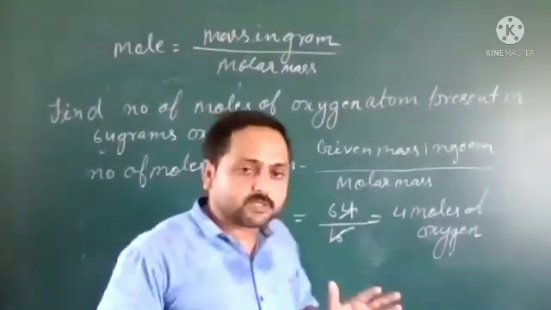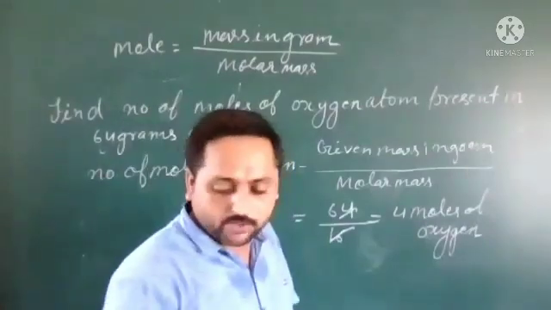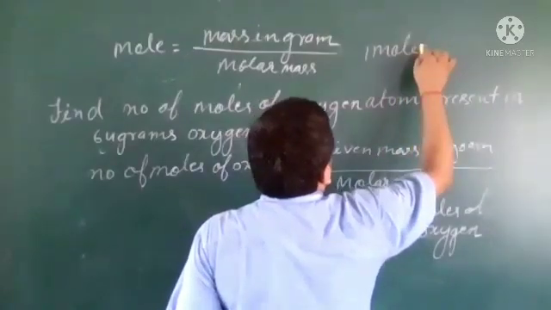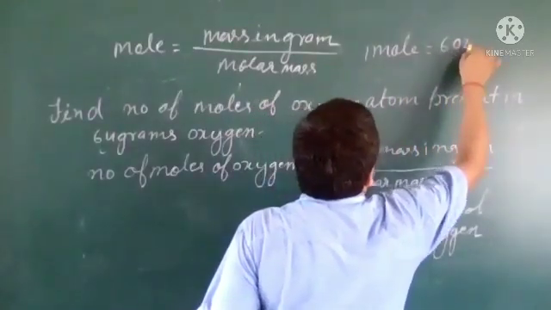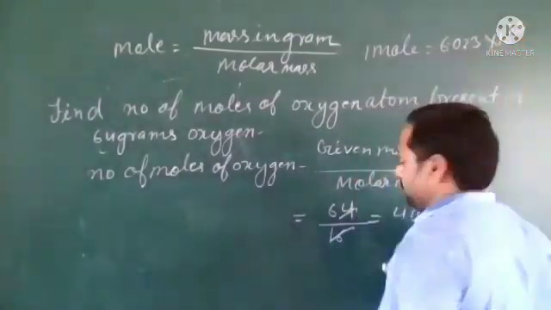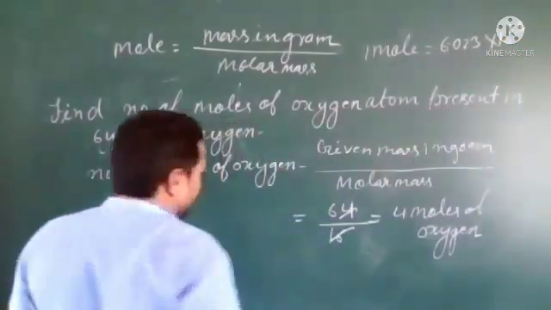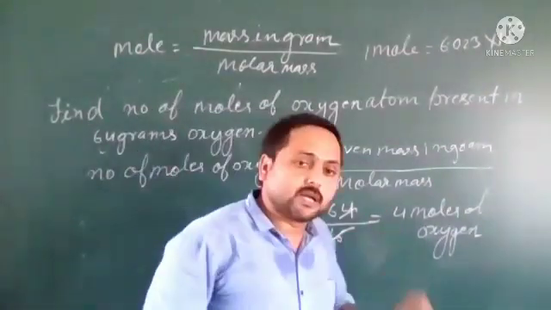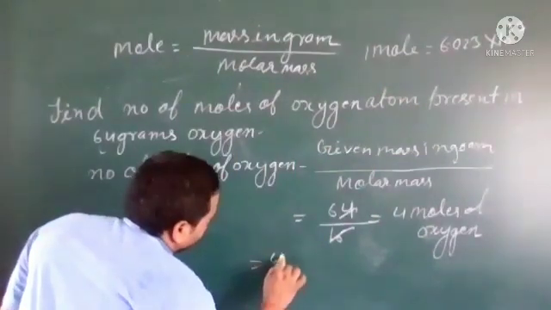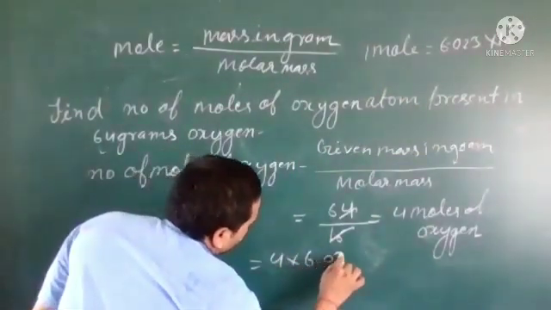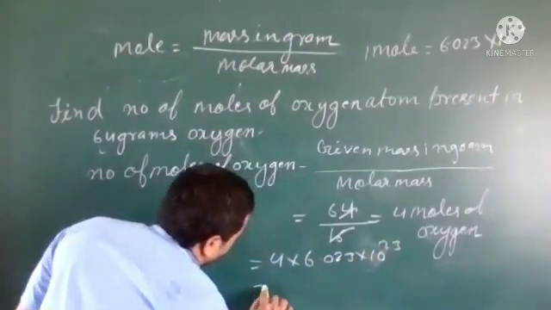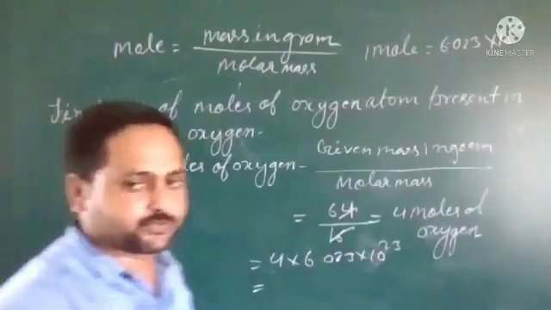Yes, number of moles, because we know that 1 mole equals 6.023 into 10 to the power 23. So if I ask in this same question the number of oxygen atoms, we multiply 4 by 6.023 into 10 to the power 23, and after multiplying you will get the value.